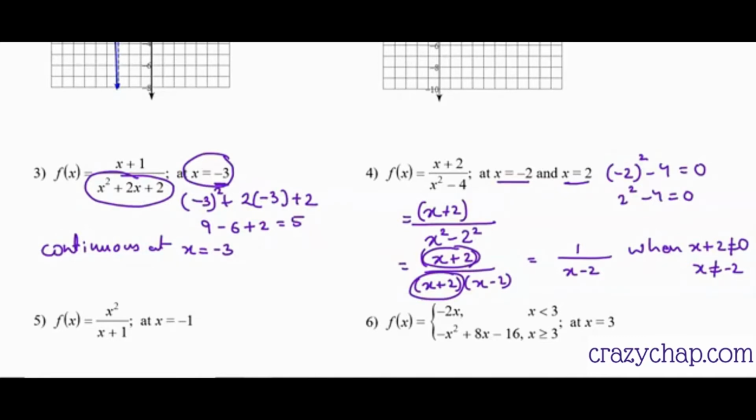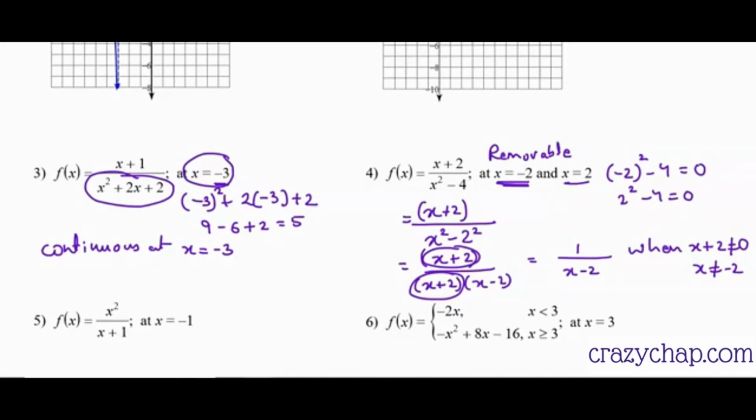At -2, because x plus 2 is the common factor, which gives x equal to -2, this will give you removable discontinuity. The common factor always gives removable discontinuity.